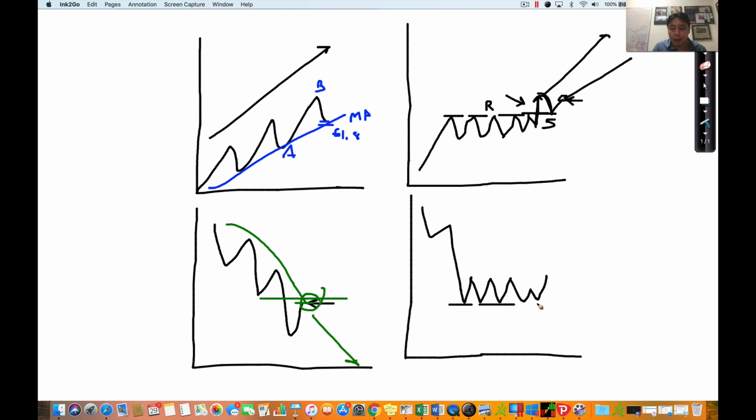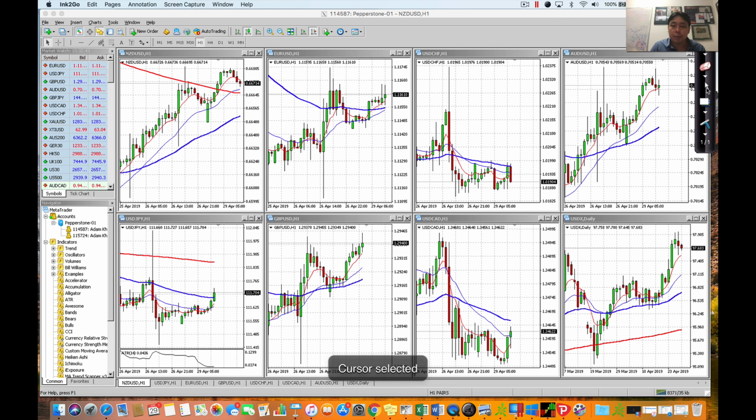So there's a level of support over there, and they wait for it to break the support, and they go short on the breakout, or they wait for it to break out and retrace and test that support which has become resistance again, and they short the moment they see some kind of candlestick pattern, like a bearish candlestick pattern, and they short it all the way down, right? So that's what most amateur traders do. They look for these patterns on currency pairs every day.